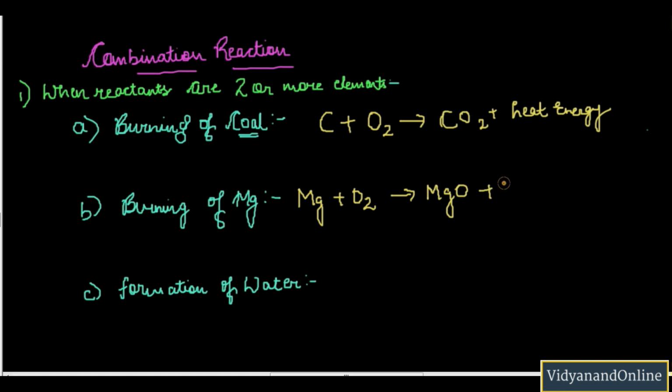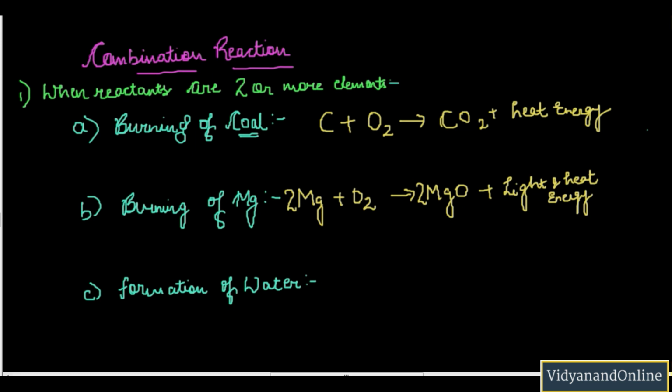It liberates light and heat energy. Now we will see if it's balanced. Here oxygen is two atoms, whereas oxygen is one atom here, so I need to put 2 here in order to balance it. Now magnesium is 2 atoms here, so I need to put 2 here in order to balance magnesium.